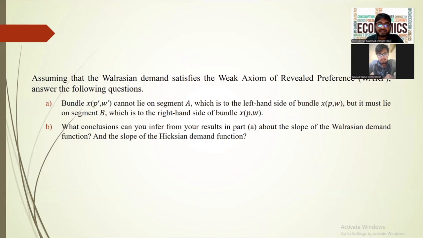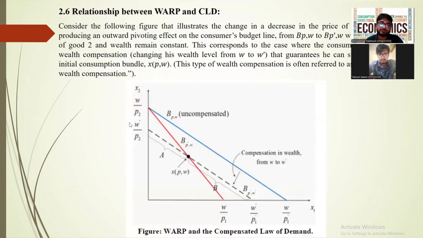Additionally, we consider the Slutsky wealth compensation, which adjusts the consumer's wealth to ensure they can still afford their initial consumption bundle after a price change. These assumptions provide the foundation for analyzing the placement of the new bundle x(p',w'), that we can see here.